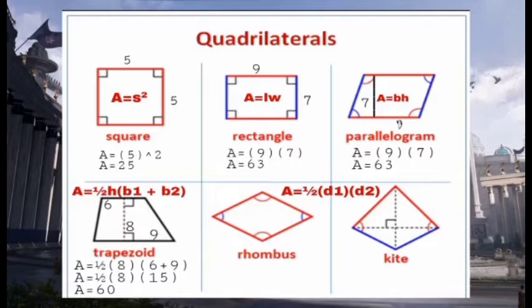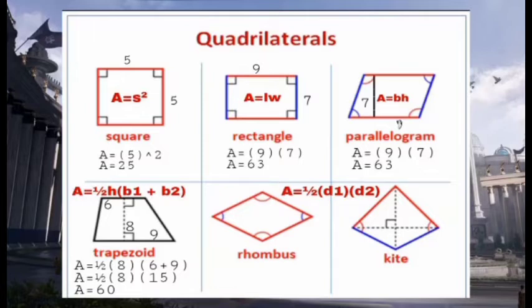For example, the side of our square is 5. So A is equal to 5 squared, and 5 times 5 is equal to 25. Therefore, the area of our square is 25.